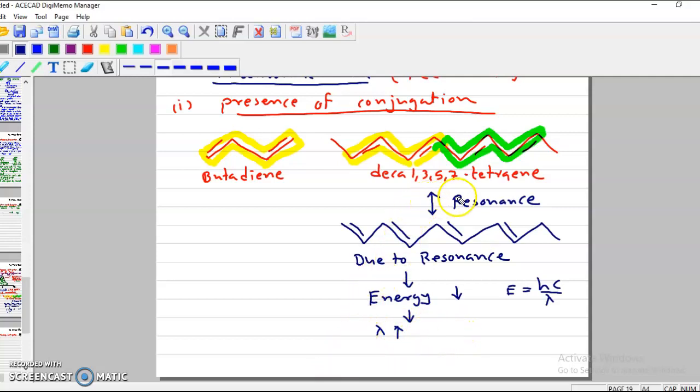So absorption will be at a higher wavelength in the case of decatetraene, but butadiene has a lower one. If you see the graph here, in the case of butadiene the lambda maxima will be about 215 nanometer, while in the case of decatetraene lambda maxima would be about 280 to 285 nanometer. So this way you will find that lambda maxima increases.